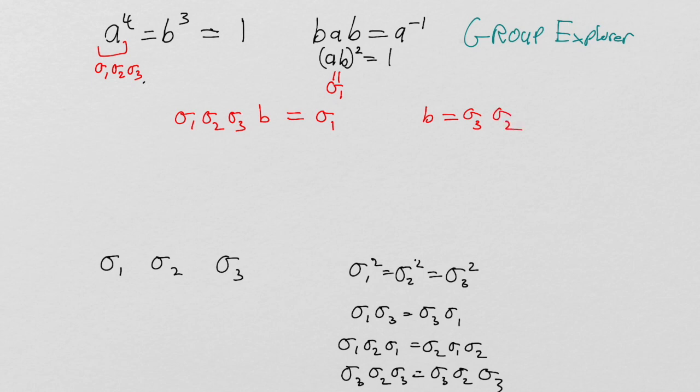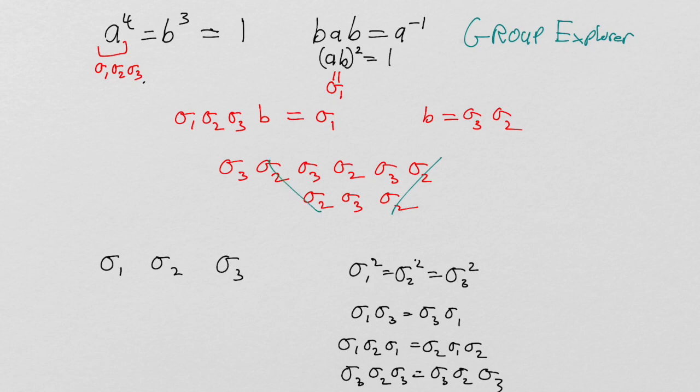Well, does sigma 3, sigma 2 satisfy B cubed equals 1? Sigma 3, sigma 2, sigma 3, sigma 2, sigma 3, sigma 2. And then we do 3, 2, 3 becomes sigma 2, sigma 3, sigma 2. And then those two cancel, right? And those two cancel.